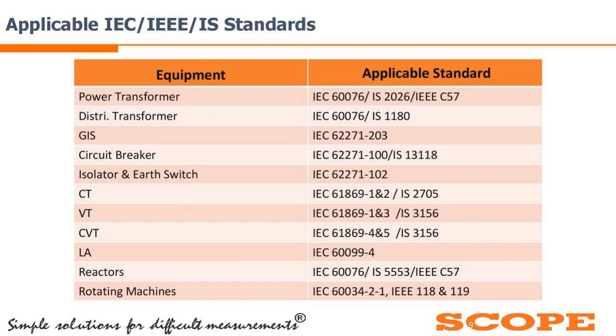There are various equipments of the substation, that is power transformer, distribution transformer, GIS, circuit breaker, isolators, then instrument transformers, LEDs, reactors, and rotating machines. There are various standards like IEC, IS, and IEEE that I have mentioned here.